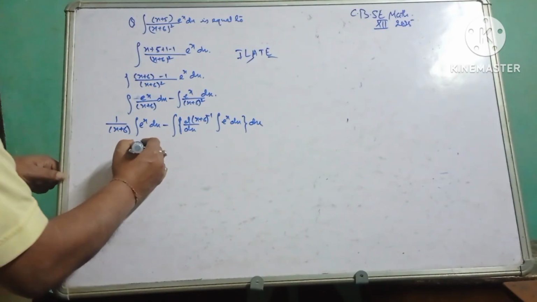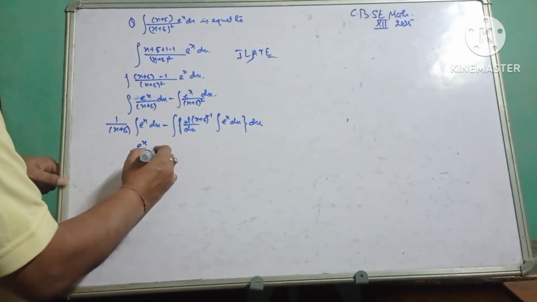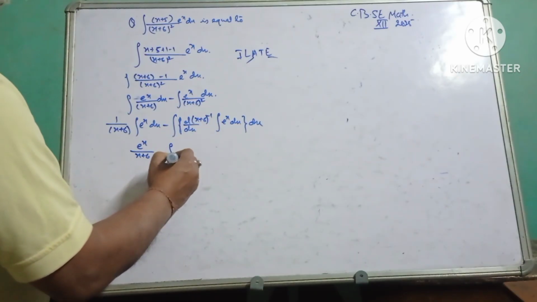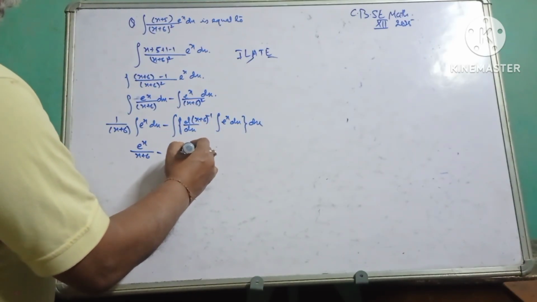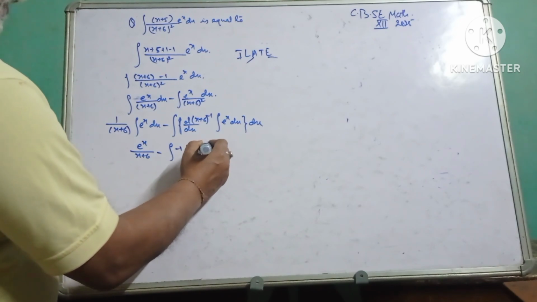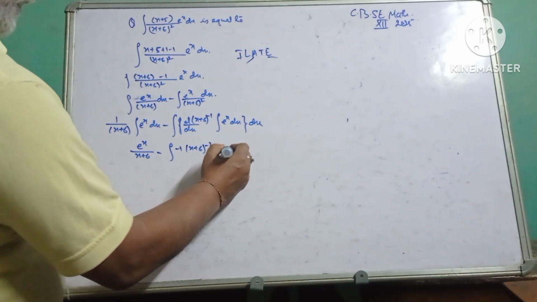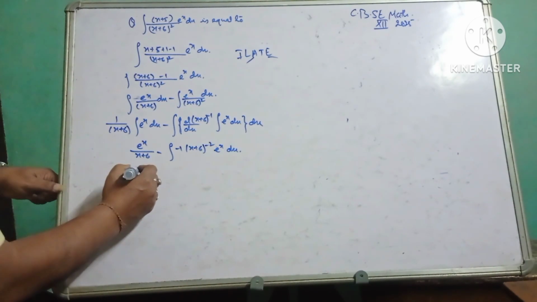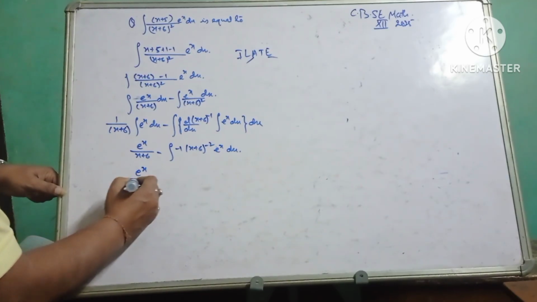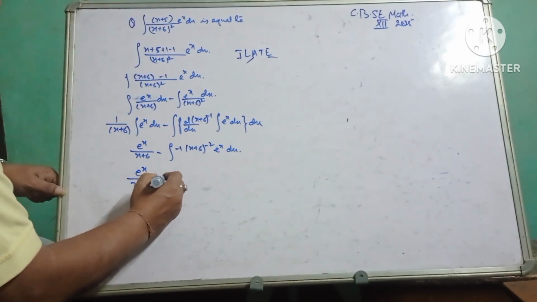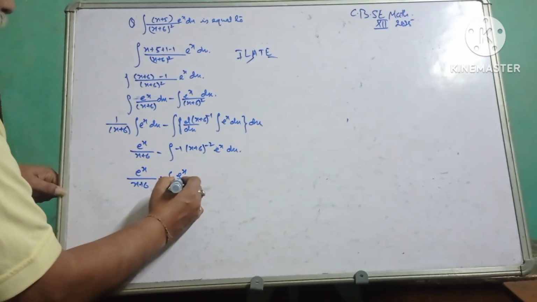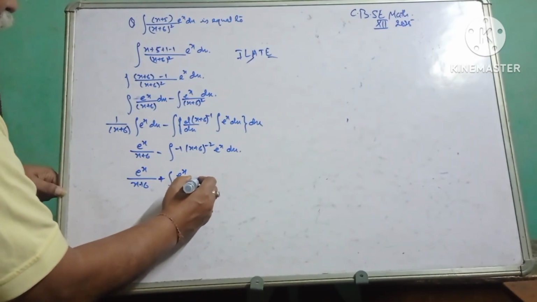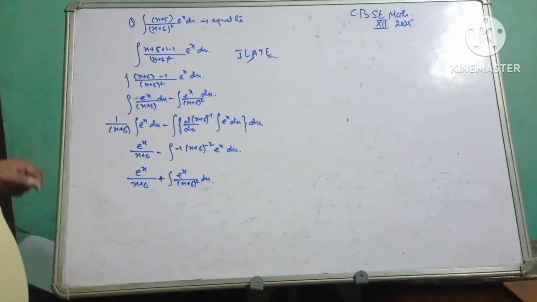So here this will be e to the power of x by x plus 6, minus 1 by (x plus 6) whole square e to the power of x dx. So this will come out to be e to the power of x by x plus 6 plus e to the power of x by (x plus 6) the whole square dx.